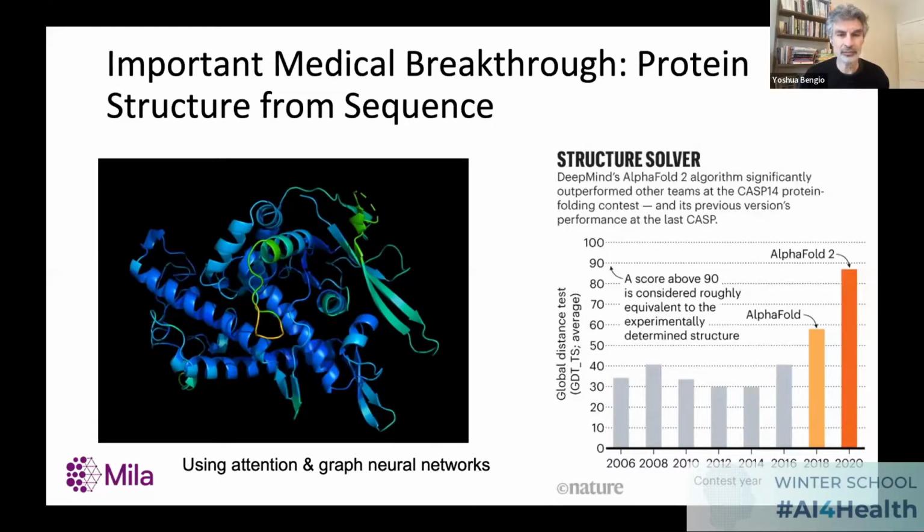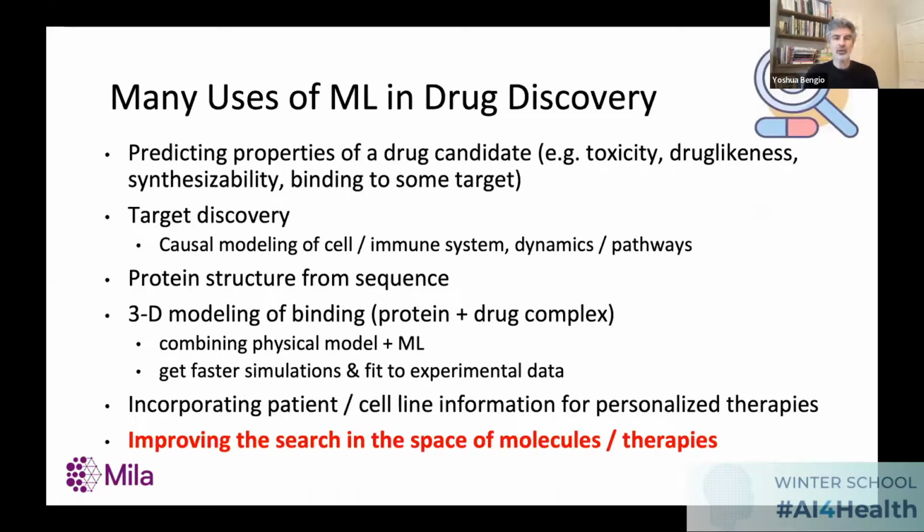Now, focusing a bit more on drug discovery, as I said, we could use fairly standard methods in machine learning, supervised learning, to predict properties of a drug candidate. We have examples for which we know this molecule has such and such toxicity, drug likeness, synthesizability, how much it binds to some target of interest, and so we could use machine learning there in a fairly standard way.